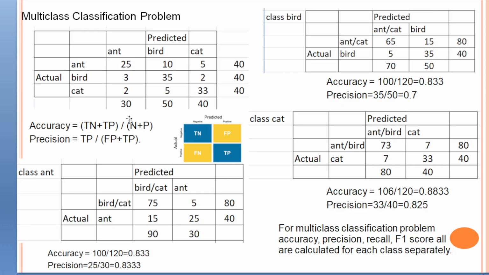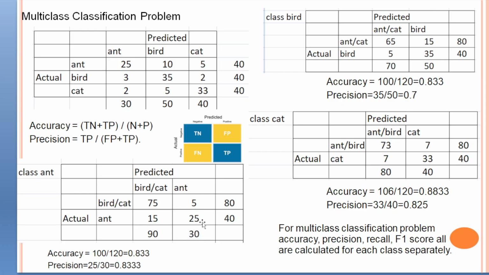Now given this formula for accuracy and precision, accuracy is equal to TN plus TP divided by N plus P. So what is TN? TN is 75 plus TP 25 is 100, and N plus P is 80 plus 40, equal to 120. So accuracy comes to 0.833. Similarly, for precision, the formula is TP divided by FP plus TP. So how much is TP?